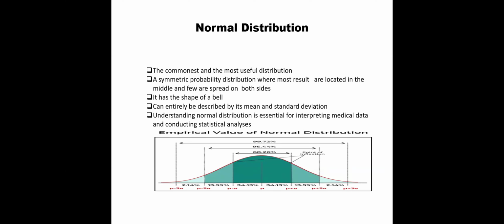So all of you who have some idea about tests should know what the normal distribution is. It is the most common distribution used in statistics. It is bell-shaped, and most importantly, mean plus minus 2 SD represents 95% of the population. So it gives a good idea and a true representation of the average.